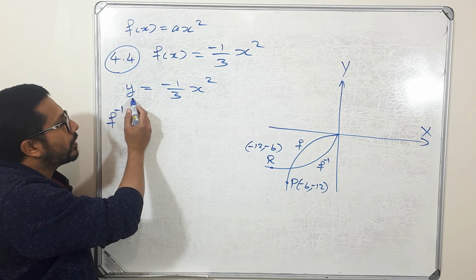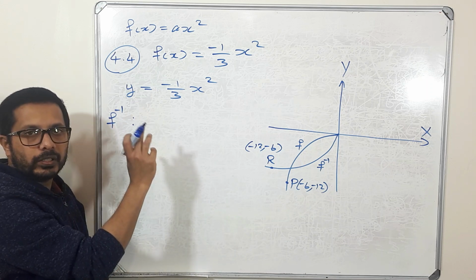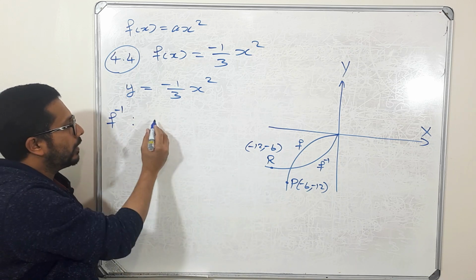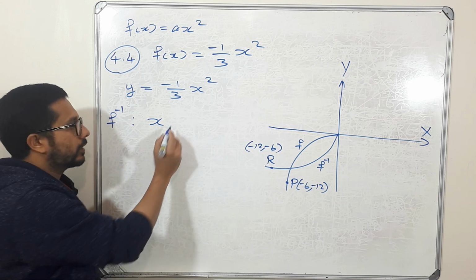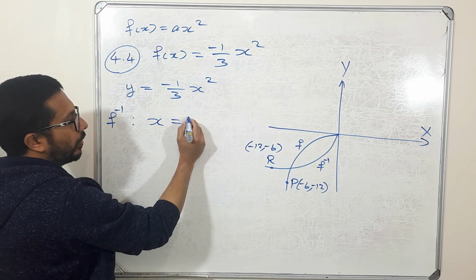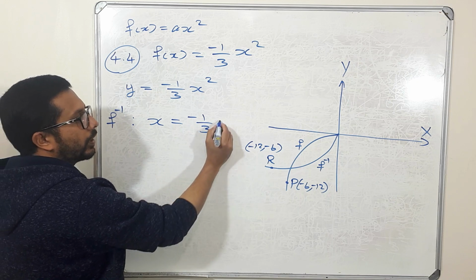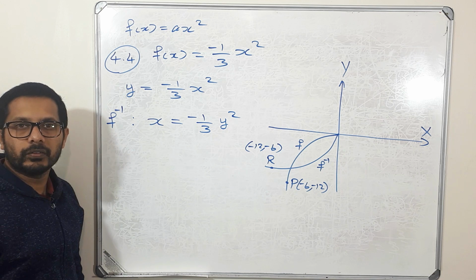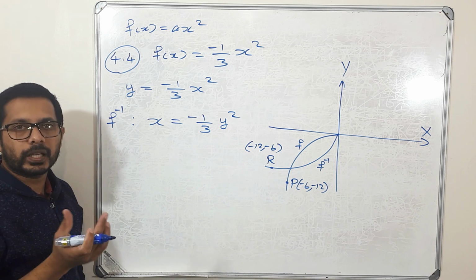So y is equal to minus 1 over 3 x square; you swap x and y, so x becomes y and y becomes x. X is equal to minus 1 over 3 y square. Do you understand what I did? I swapped x and y.